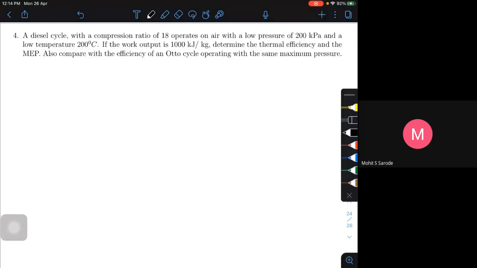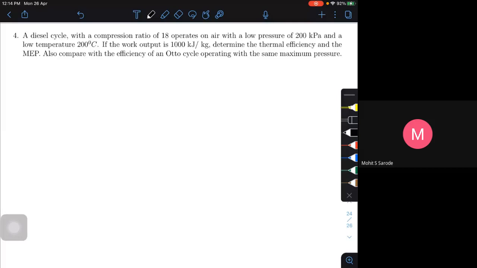If the work output is to be 1000 kilojoules per kg, determine the thermal efficiency and the mean effective pressure. Also, compare the efficiency of an Otto cycle operating with the same pressure, if possible, and cross check it.